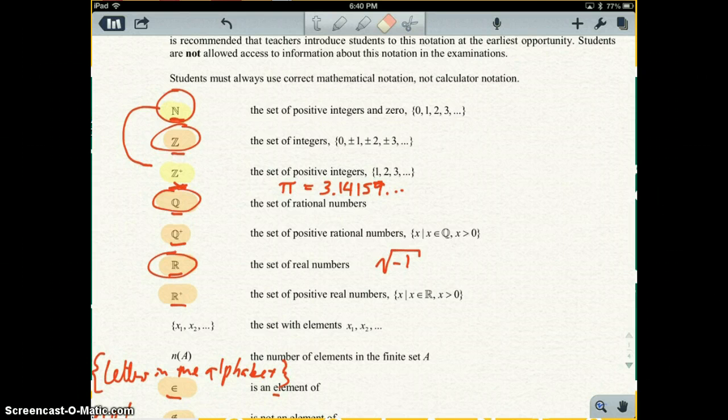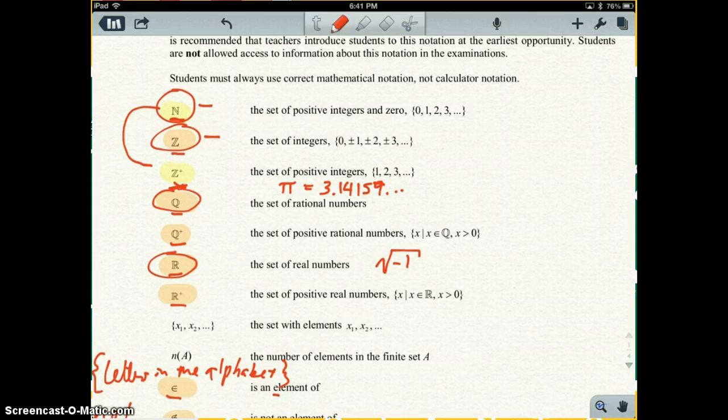The first one, which we learn early in life, is the natural numbers, represented with the script N. Basically it's the counting numbers 1, 2, 3, 4, and so on, and also includes 0. Then there's the script Z, which represents the set of integers, which are all the whole numbers, including 0, both positive and negative.